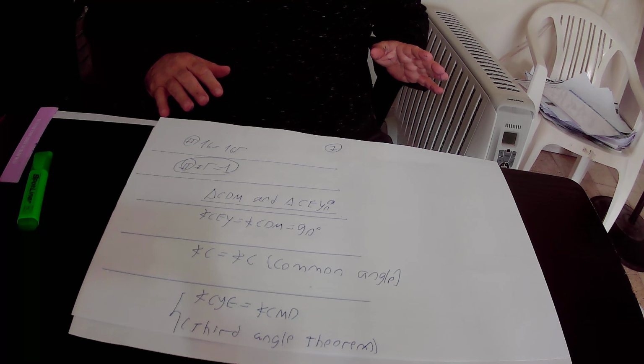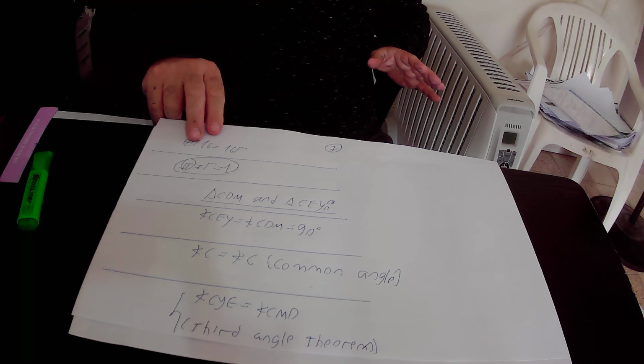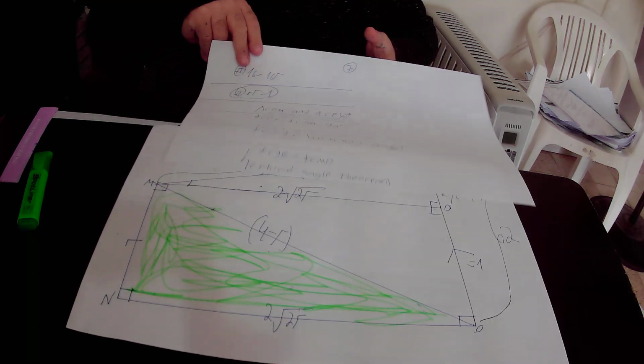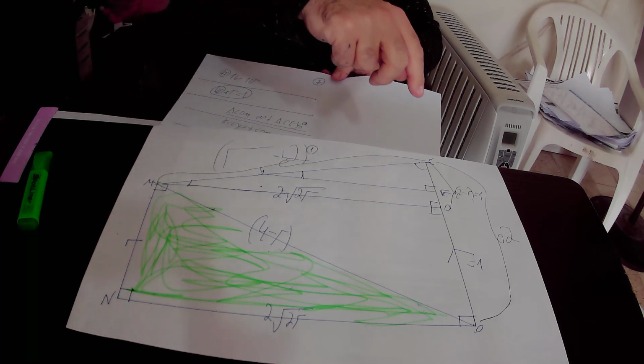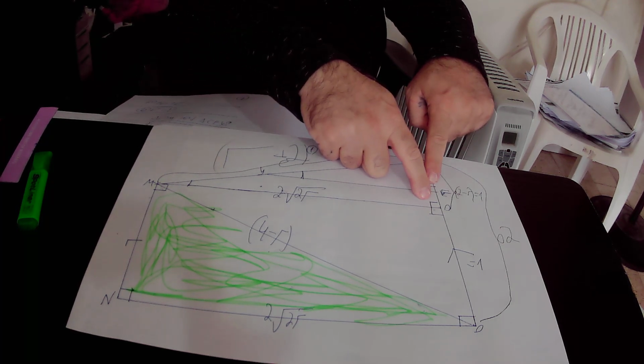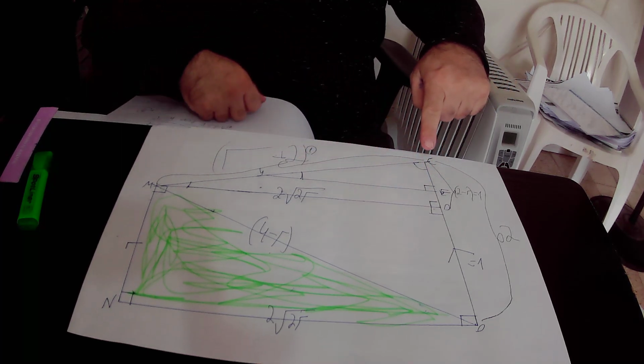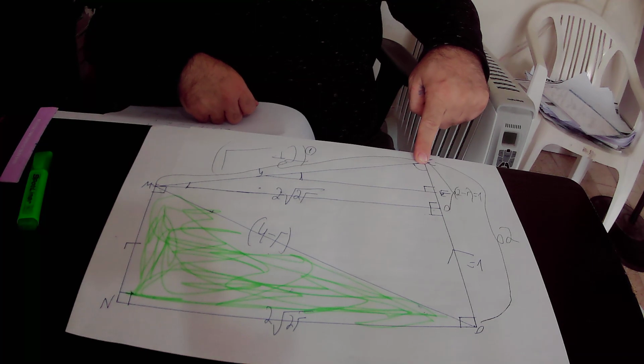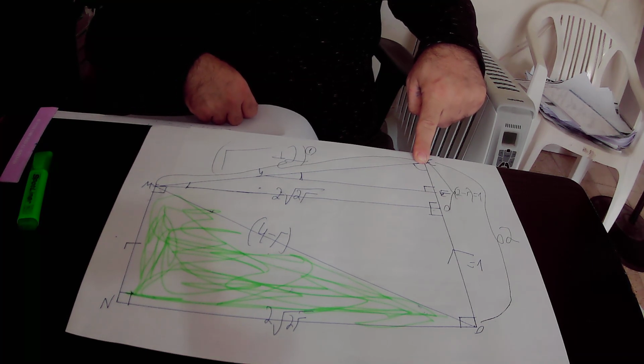Okay? So here we actually proved that two angles, this is the first pair of angles that are congruent in both triangles, and this is the second pair of angles that are congruent to each other. It is actually a common angle.